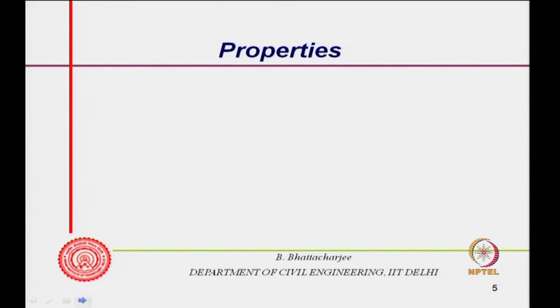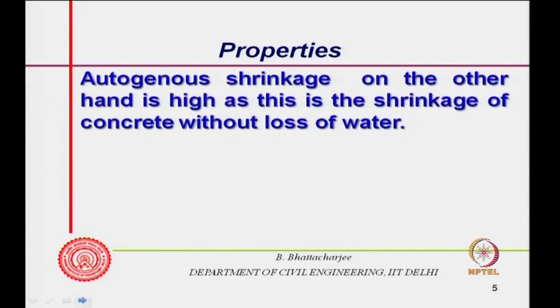But this is not the same with autogeneous shrinkage, because this is higher, as you can remember. It is higher because this has nothing to do with the loss of water to the outside.